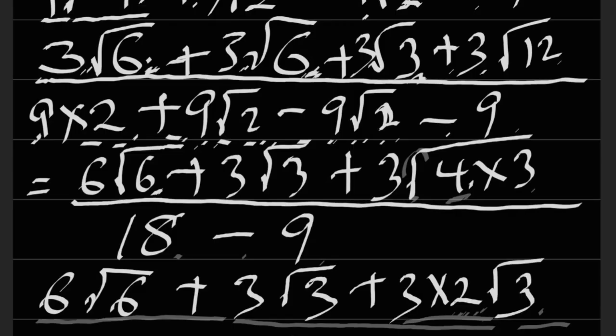What happened here? Square root of 4 is 2. So we take square root of 4, that is why it goes out of the square root, and look at it here, 2. And this 3 is still inside the square root. Everything all over 18 minus 9 is 9.